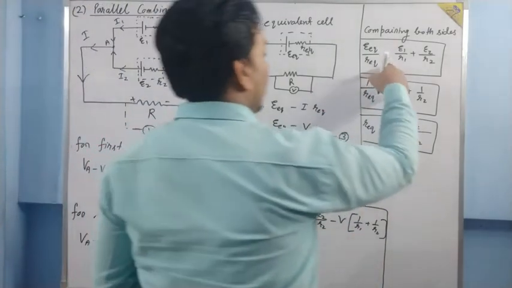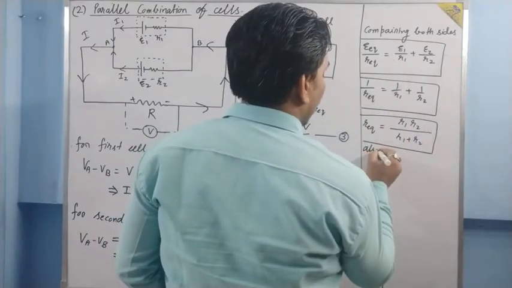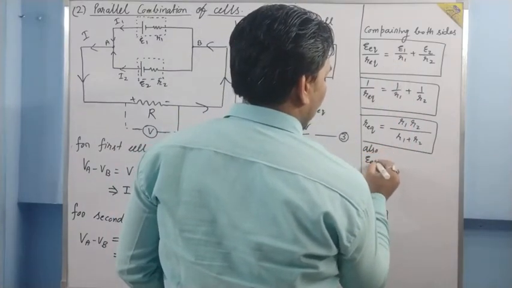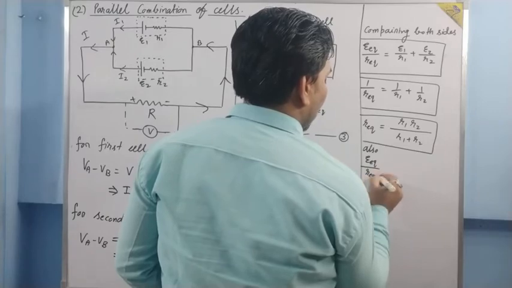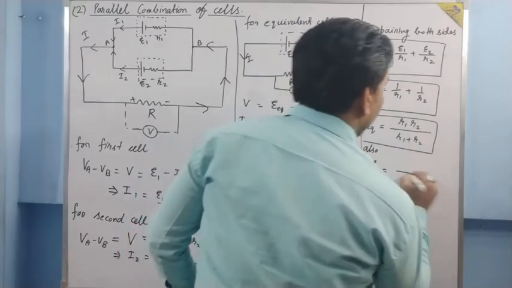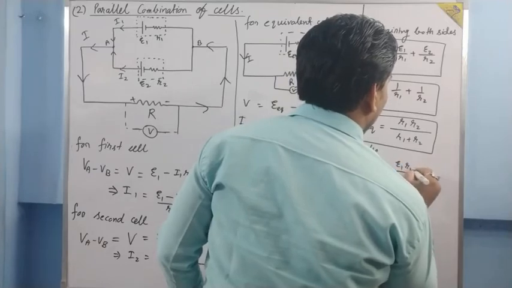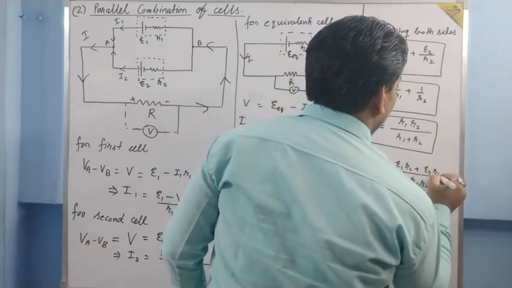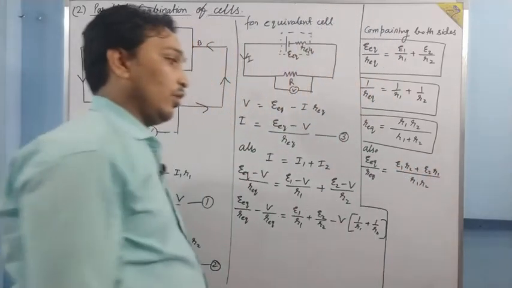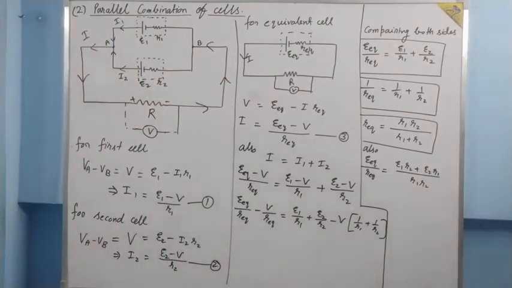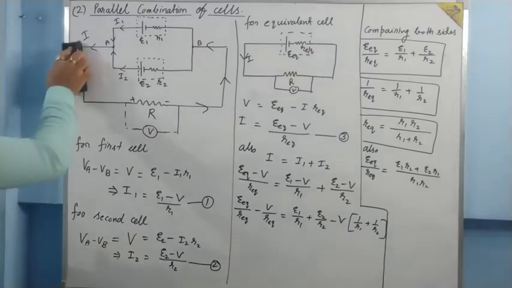Moreover, from this line also, E equivalent upon R equivalent is equal to, if you take the LCM, E1 R2 plus E2 R1 upon R1 R2.